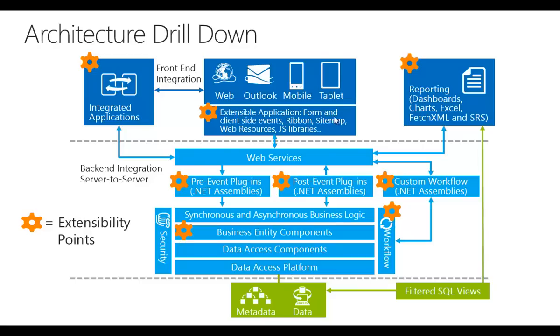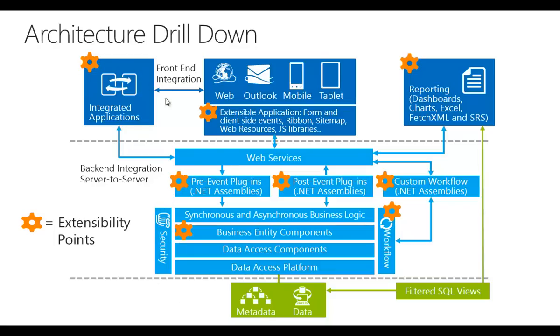So to recap that, we have web resources, which allow you to extend the user interface. You can build full-fledged SQL Server Reporting Services reports, which either query using FetchXML going through the web services layer or Direct SQL going through the filtered views, both of which are constrained by CRM security configuration.